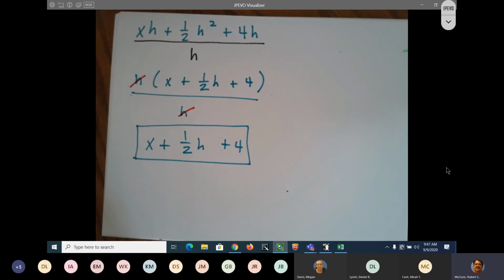All right, let's do one more. I would highly suggest that you put a tab on this section of your notebook, like one of those little plastic tabs, and put DQ, not for Dairy Queen, but for difference quotient.